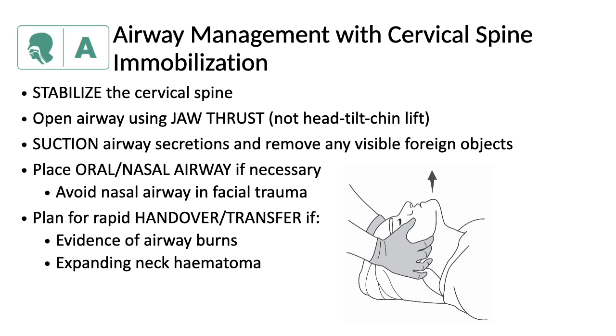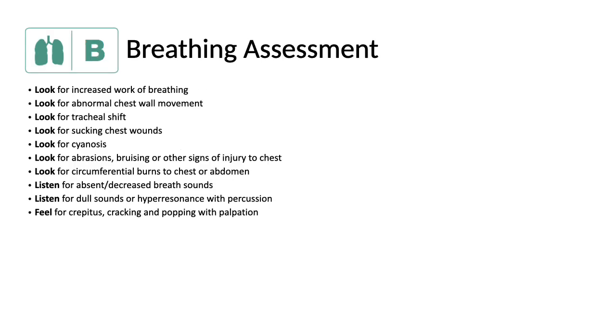At this phase, you have to recognize if there is airway burn or expanding hematoma, and then you need to assess if you can handle this patient in your facility, or you have to send him somewhere else. During airway assessment, if the patient is conscious and he can speak, this can tell you a lot, that the airway is open.